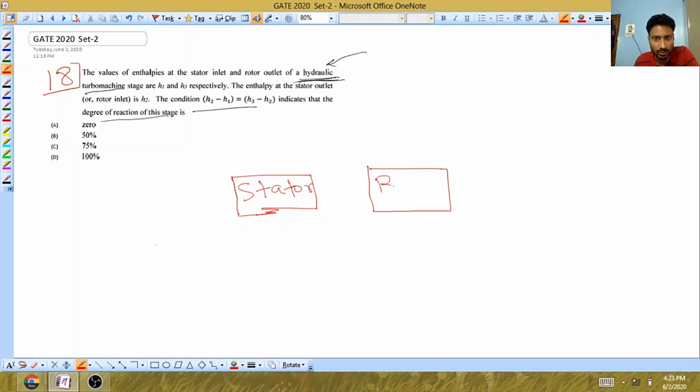They have given enthalpy as H1 here, H2 here, and H3 here.